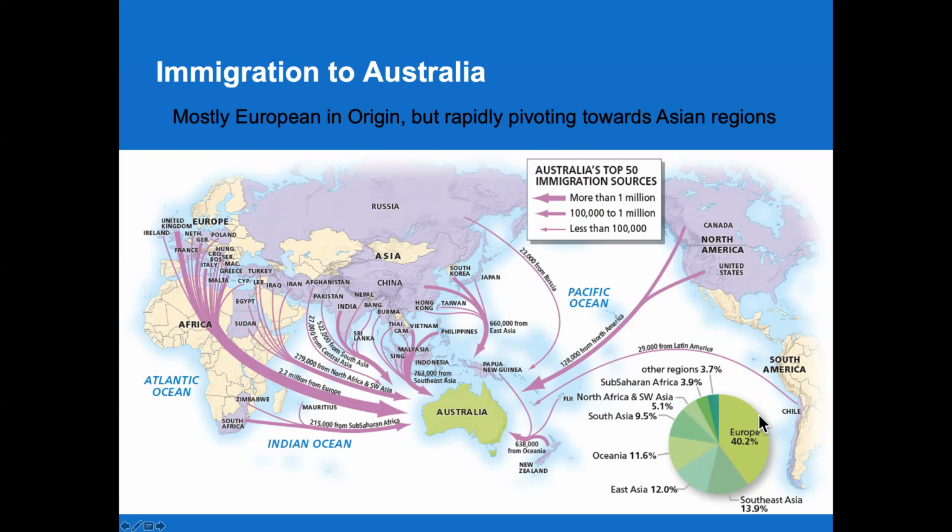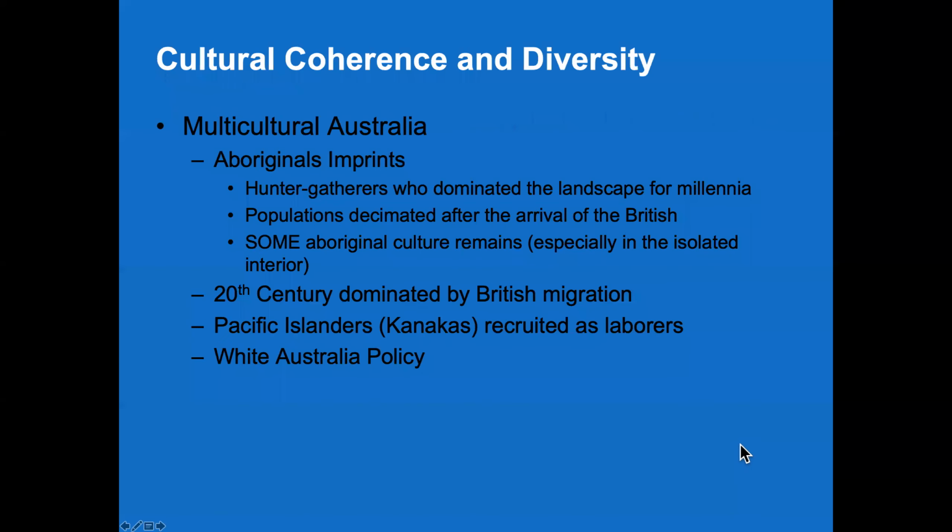And if you take all the numbers, you see that Europe has the large preponderance of that. From a cultural coherence and divergence and diversity point of view, there's what we would call Native Americans. These would be Native Australians, if you want to think of them that way.